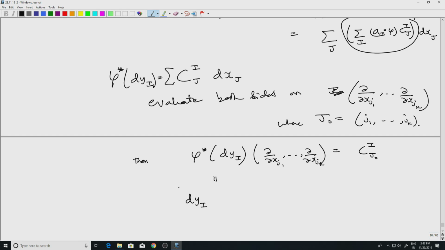So dy^I, and then phi star just means I will be doing d phi of del by del x^{j1}, etc., d phi of del by del x^{jk}. That's what the left hand side is.